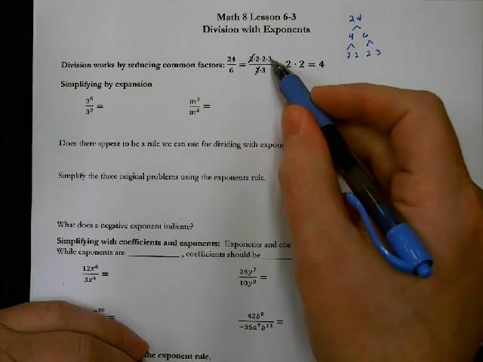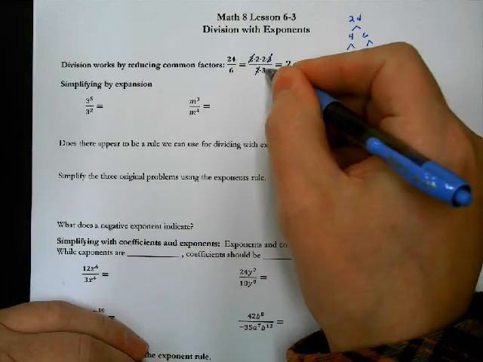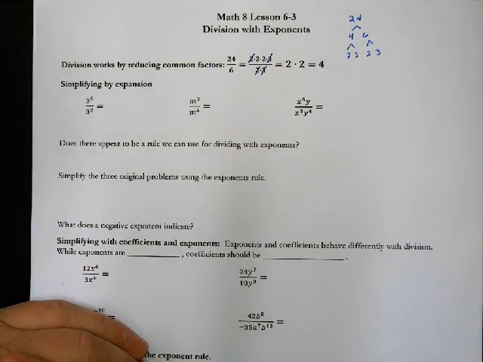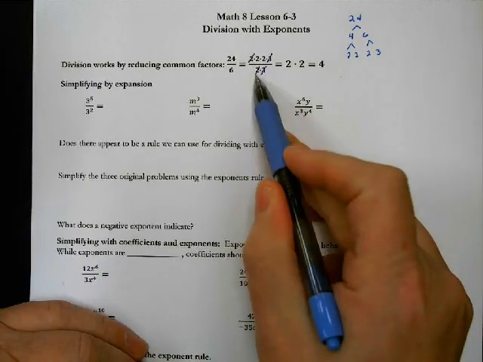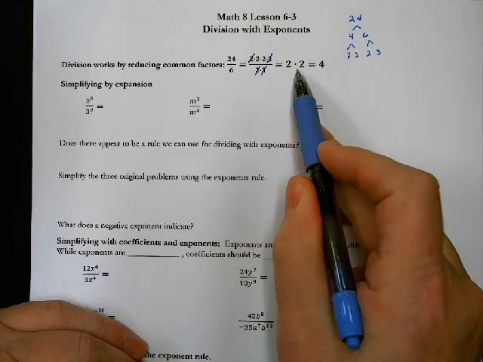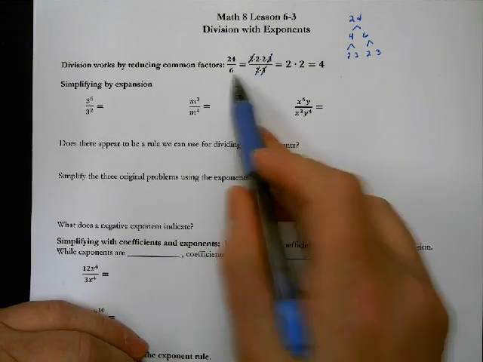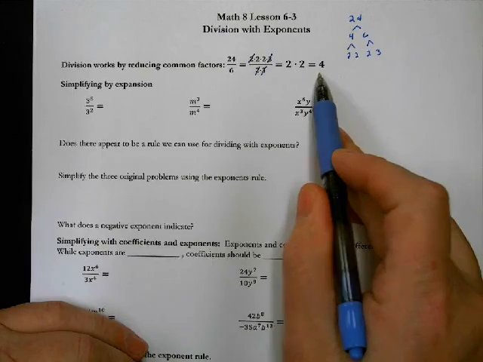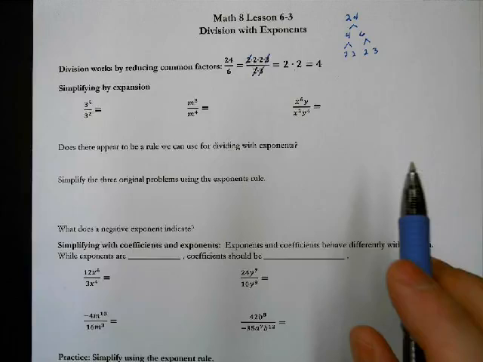And see how I have a 3 in the numerator and a 3 in the denominator? I can also reduce those because 3 divided by 3 is 1. And what am I left with after all these became 1s? I'm left with 2 times 2, which is 4. So that's why 24 divided by 6 is 4, because I'm just reducing these common factors.